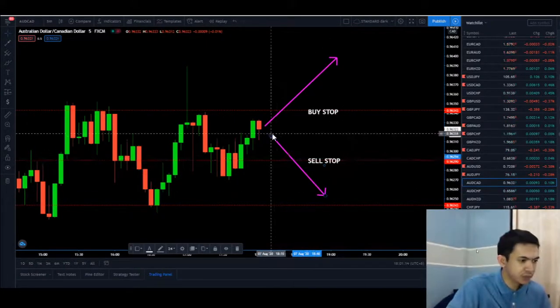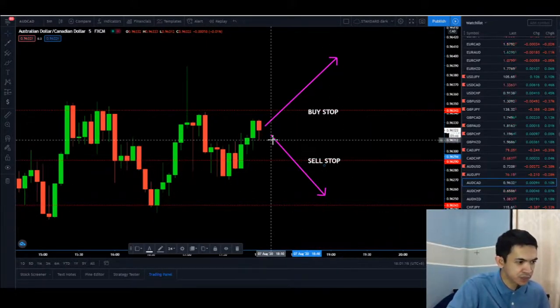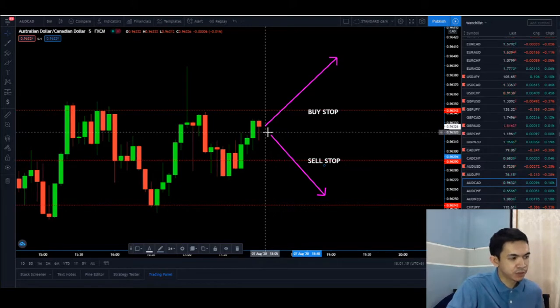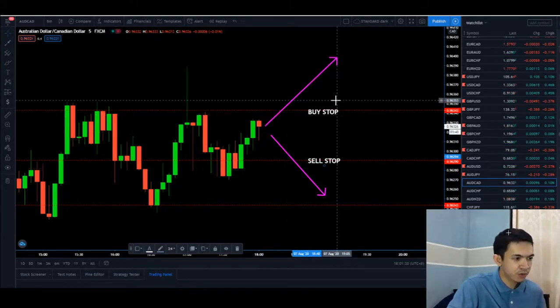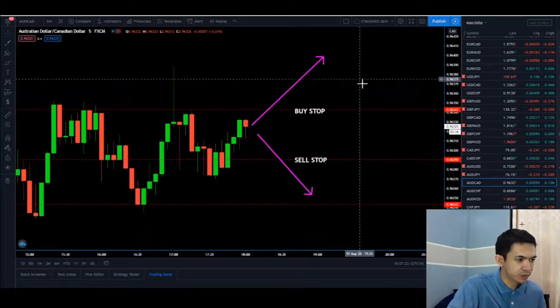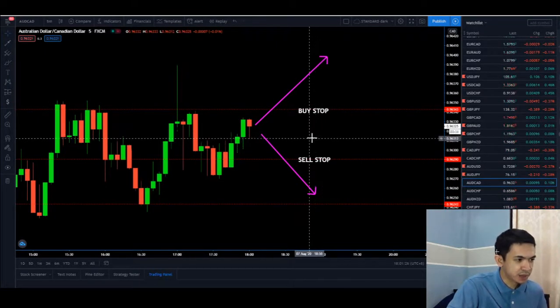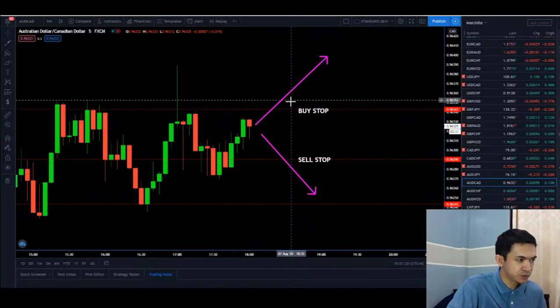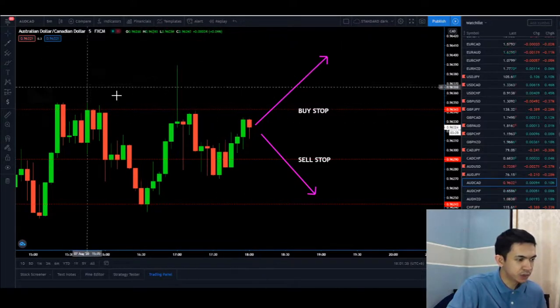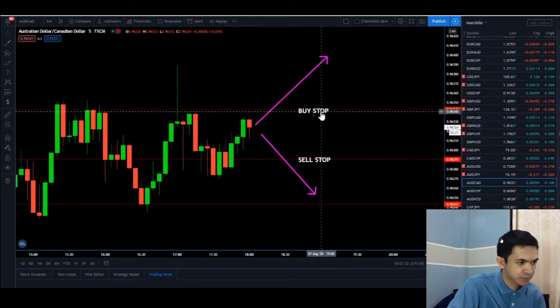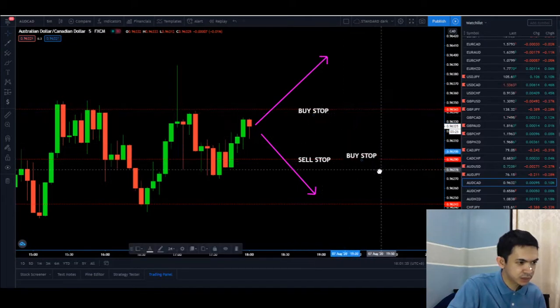You're expecting it to continuously move down for a sell stop, and you're expecting the price to continuously move up for a buy stop order. So again, this is the opposite of order execution in contrast with the buy limit. Again, buy limit is like this, right?